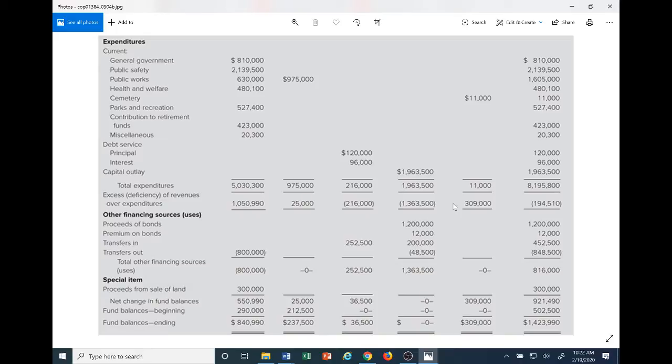Debt service funds get some money from the general fund usually, but it could come from the capital projects fund. What made up this number right here from the capital projects fund? It would be the interest. Yep. And then the premium on bonds. And there's another one. I'll give you the RE. It's 2 words.